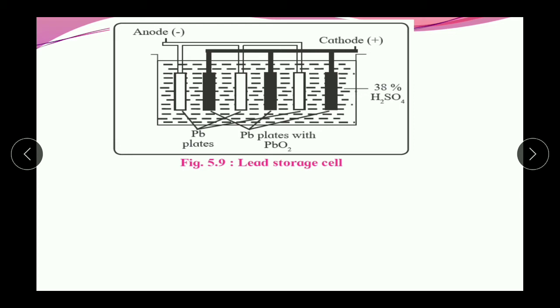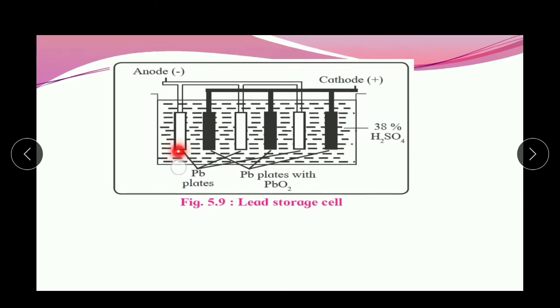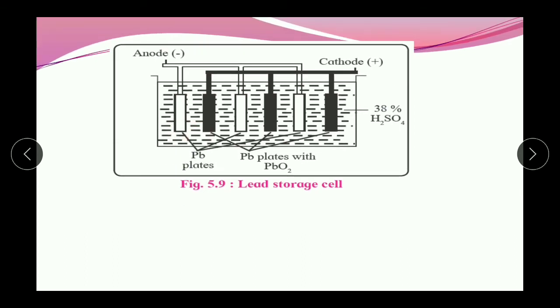Because when we use more plates, the area of adsorption, or we can say the reaction, goes on increasing. When we use only two plates, one anode and one cathode, we get around 2 volts.